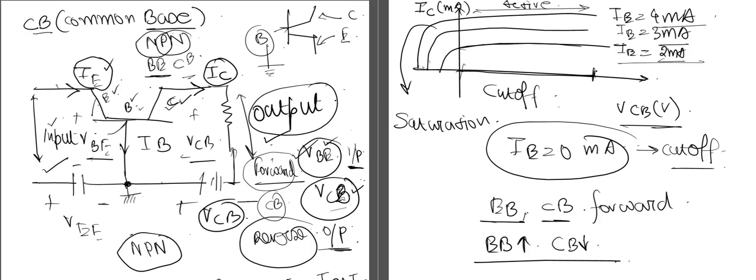So why do these curves become constant? This IE is the emitter current, and we know the emitter current is responsible for the base current as well as the collector current. The collector base junction, as I said earlier, is reverse biased.